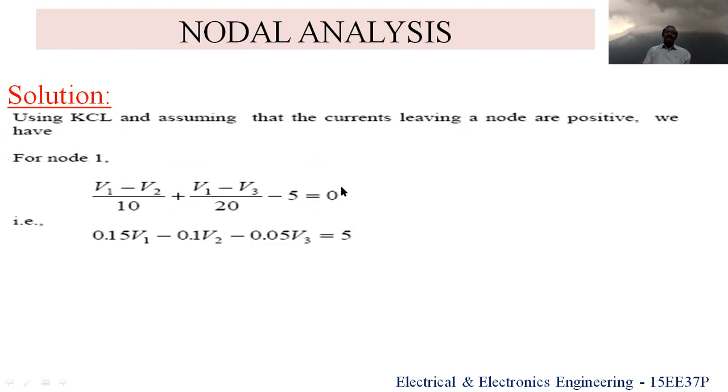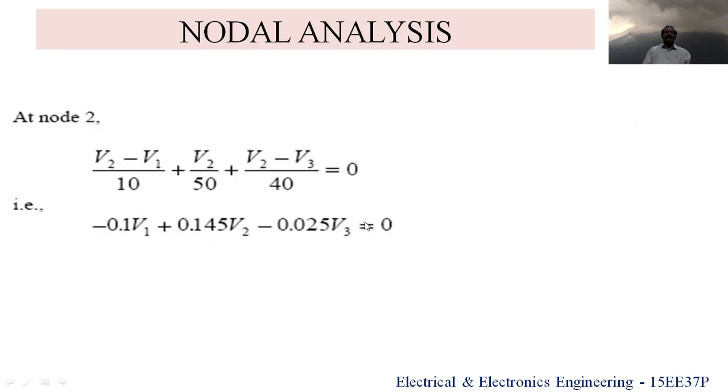So this is equal to 0. By solution, we have 0.15 V1 minus 0.1 V2 minus 0.05 V3 is equal to 5.